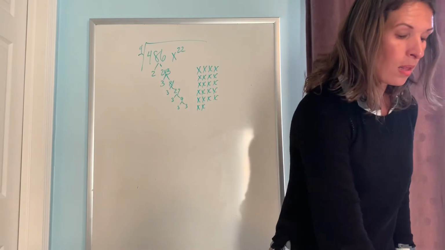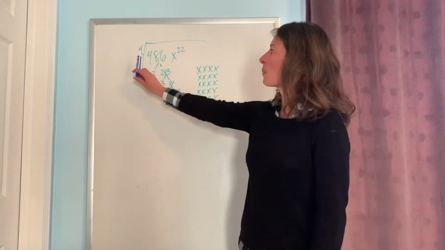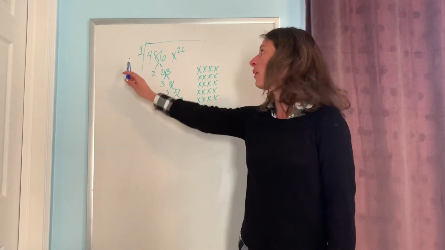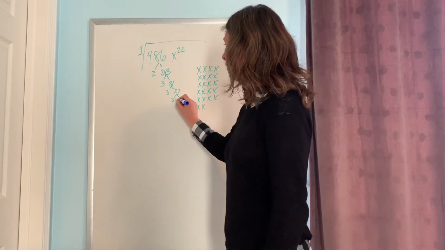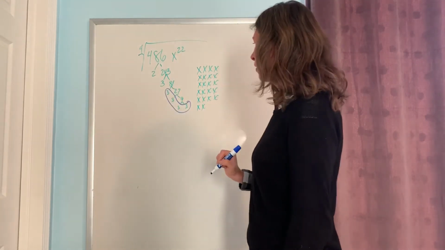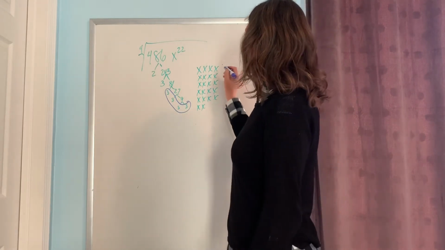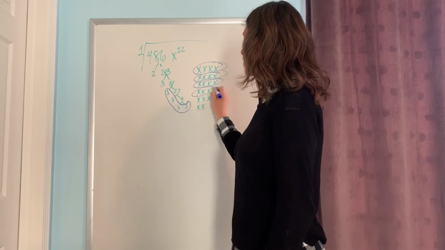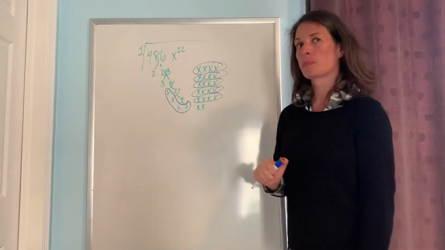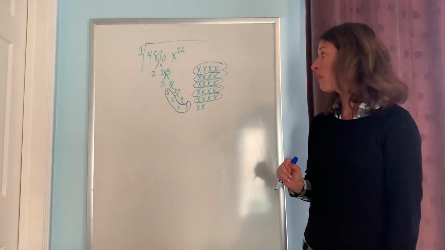So let's see what can be broken out of jail. I have the number 4 as my index, which means that I need groups of 4. I have a group of 4. Then my x's, I actually wrote them in groups of 4 so that it'd be easy to see. So what do I have?